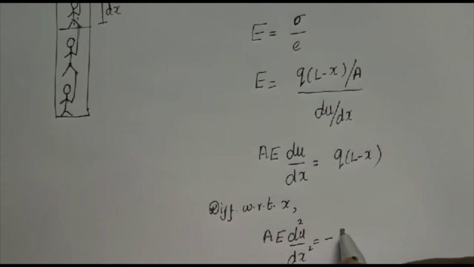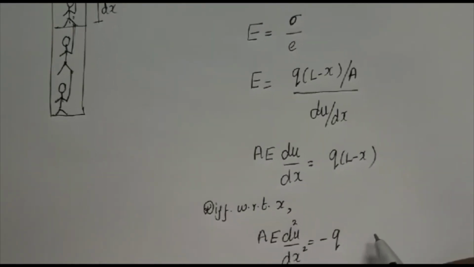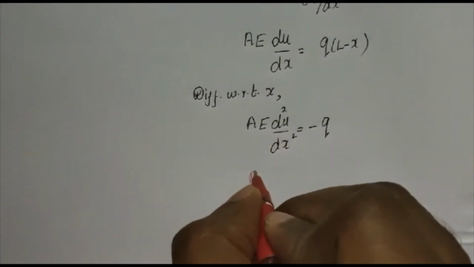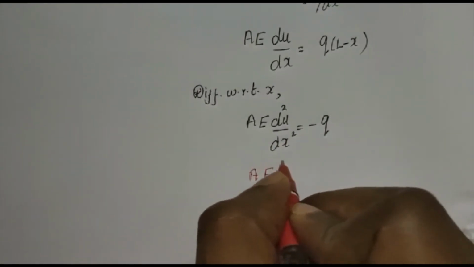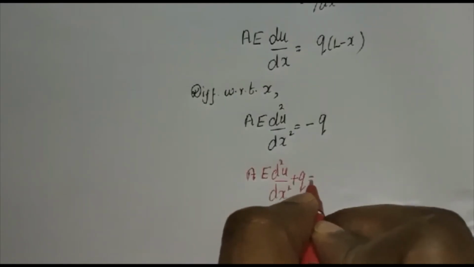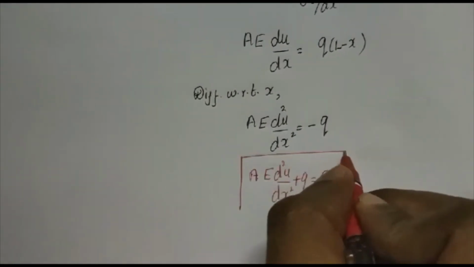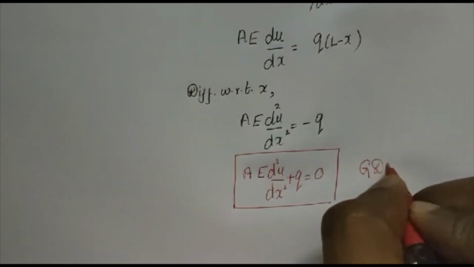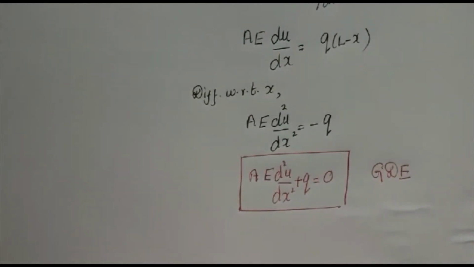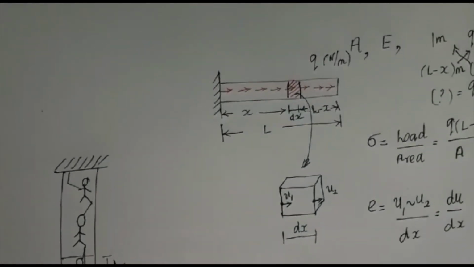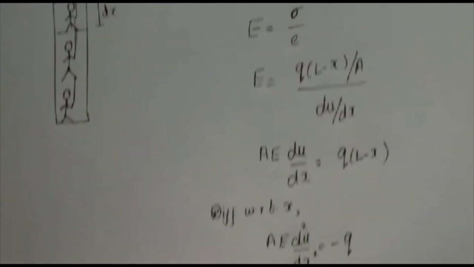That becomes minus q. So I can rearrange this particular equation as AE into d squared u by dx squared plus q is equal to 0. That is the governing differential equation of a cantilever bar subjected to uniformly distributed load. So we got the governing differential equation.